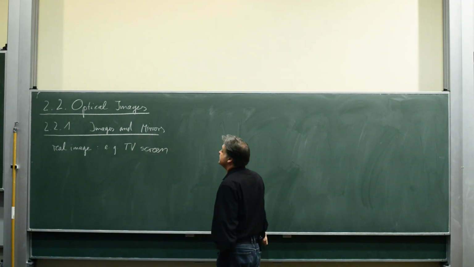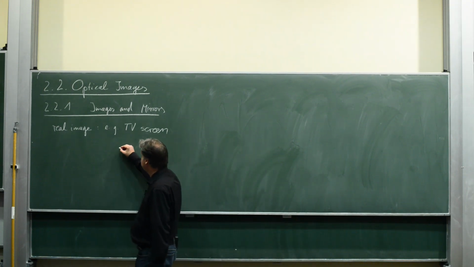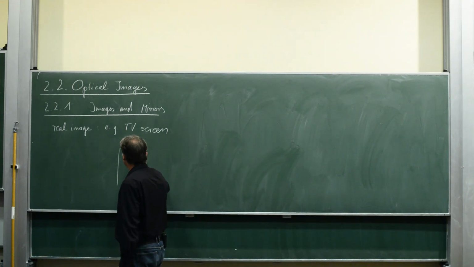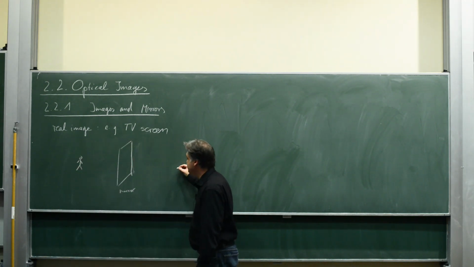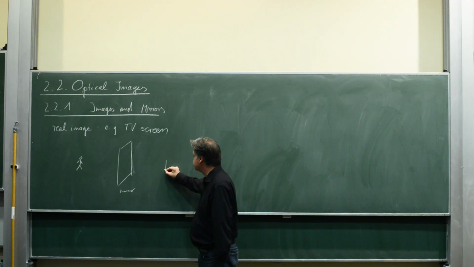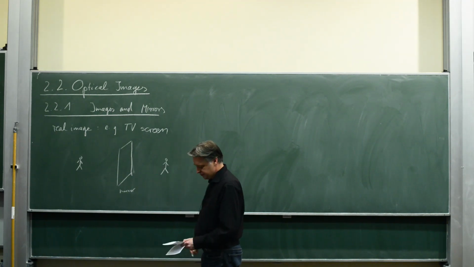A mirror is actually quite different. If this is your mirror, if you are standing in front of the mirror, what you see is, on the opposite side, your virtual image.